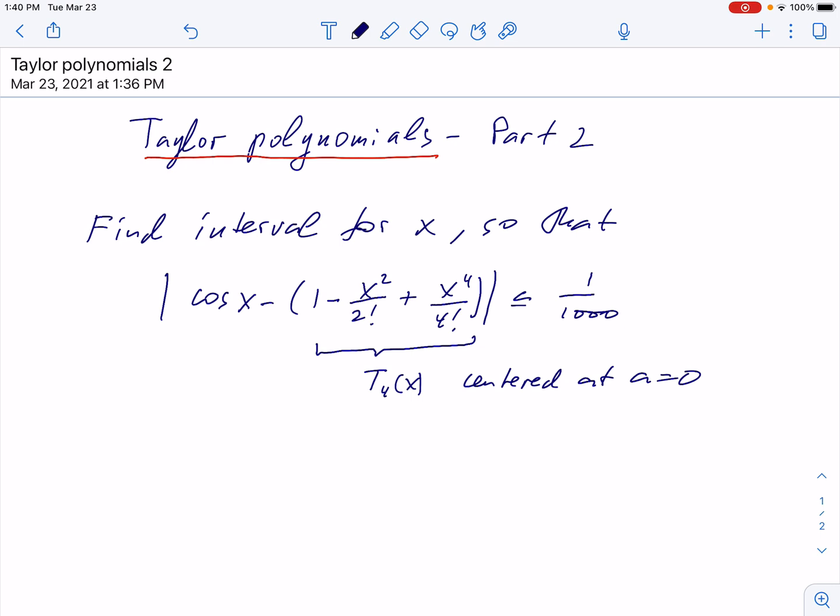It's a partial sum of the Maclaurin series up to fourth power. We can write that cosine x minus T4 x in absolute value. This is the absolute value of the remainder of order 4.